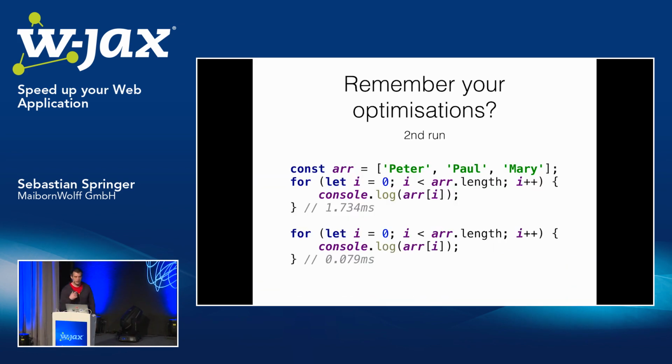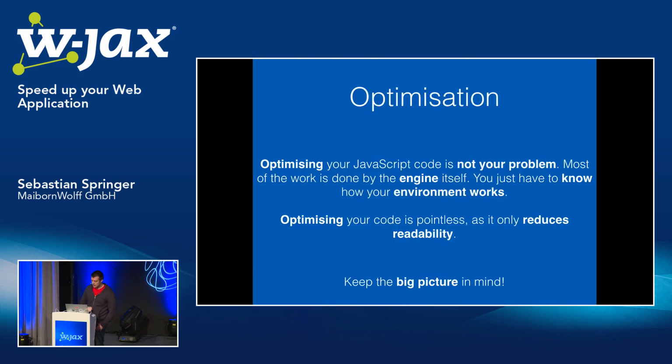And if you write your application cleverly, then the engine of your browser is able to optimize your code a lot better than you can do it on your own. We will come back to this example later on, and I'll explain how to get this performance boost. So what to learn from that example?